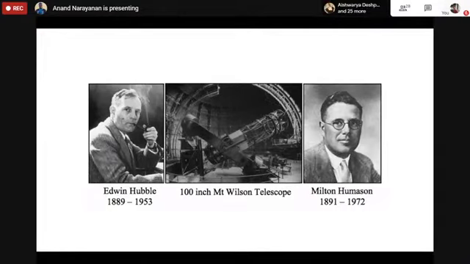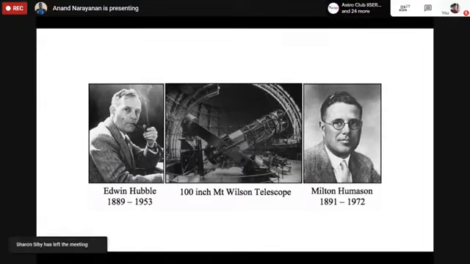Using this 100-inch Mount Wilson telescope, Edwin Hubble and Milton Humason carried out a series of observations which became path-breaking. They selected about 2 dozen galaxies which were known to astronomers. Remember that just a few years before, astronomers realized that what they were looking at were galaxies outside of the Milky Way, and Hubble also played a role in that.